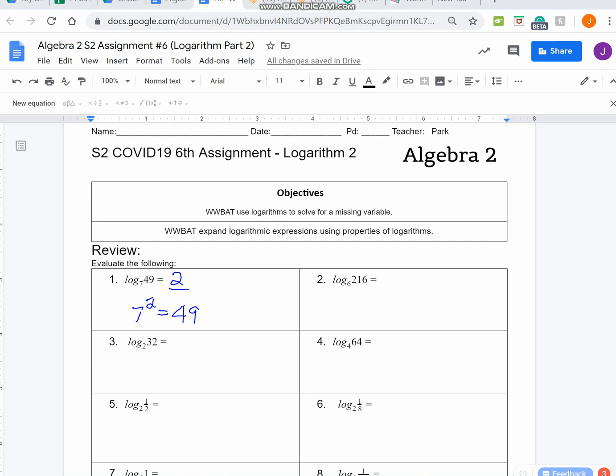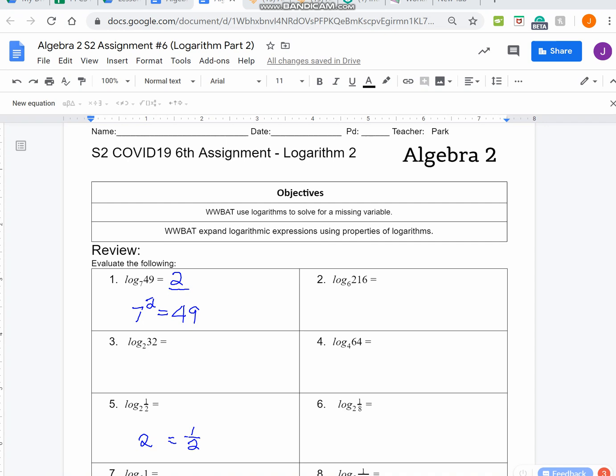You can do the same with the rest of the question, but I'm going to go over number 5. So number 5, log base 2 of 1 over 2. So we need to figure out when the base is 2, what should be the exponent so that we can get 1 over 2. Okay, so that's something a little bit trickier than number 1 through 4.